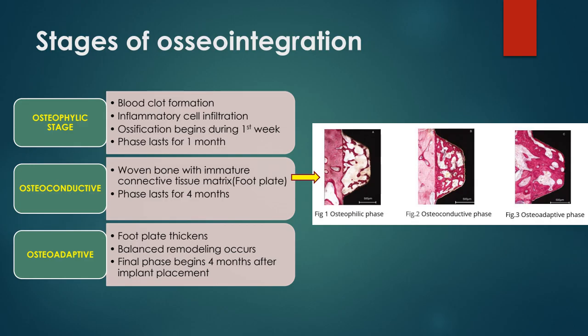Then we have osteoconduction, okay, which lasts until 4 months. Then we have mature bone, which is what we call adaptation, osteoadaptive. We have thickening of the bony plate, and balanced remodeling occurs. The final phase begins 4 months after implant placement and can continue up to a year and a half.